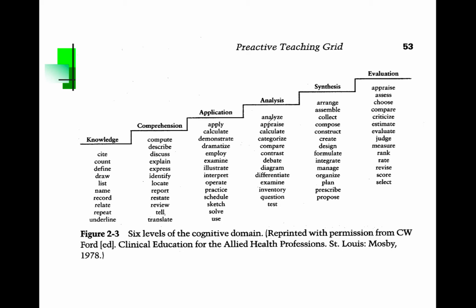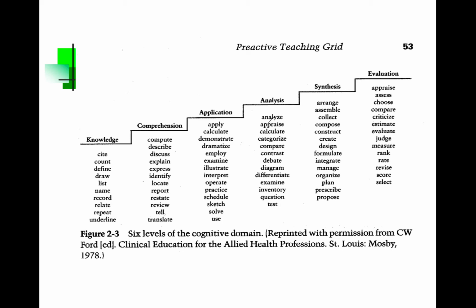So depending on where your learner is and what your goals are, your objective may be for the person to cite knowledge, right? On the left-hand side, your patient, you want them to cite three activities that are important in this skill or something. So it's a very memorization, defined, listing type activity, versus all the way to the right, where you're having a person really evaluate the knowledge that they've learned.